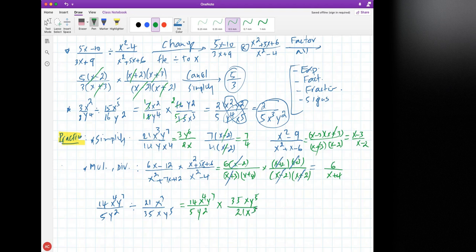Now it's a multiplication, so again, reduce as much as possible first before we multiply. So what do we reduce first? Simplify. Okay, what exactly do we simplify first? 14 divided by 3. Yes, 14.